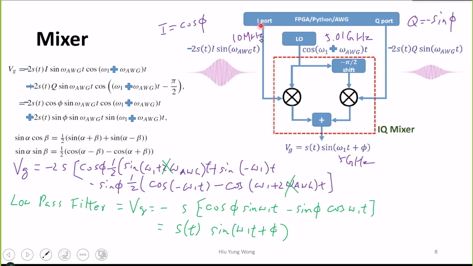The input here? You mean where does this go? Oh, the input I create is from this classical computer, controller, and waveform generator. I generate a waveform like this, negative 2S(t), which is cosine phi, times this frequency, which I can control very well, right?